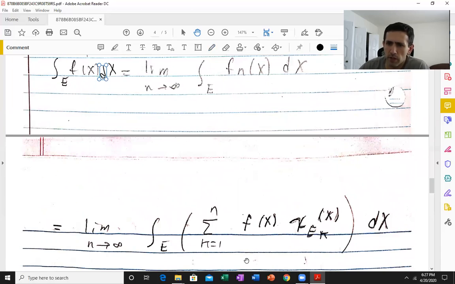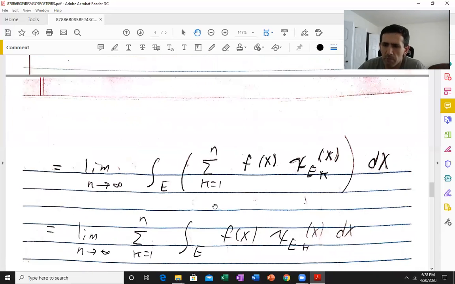Okay, and we proved that at least for two functions, the integral of a sum of two functions is the sum of the integrals, but by induction that applies to any finite number of functions. So we can interchange this integral and this finite sum.